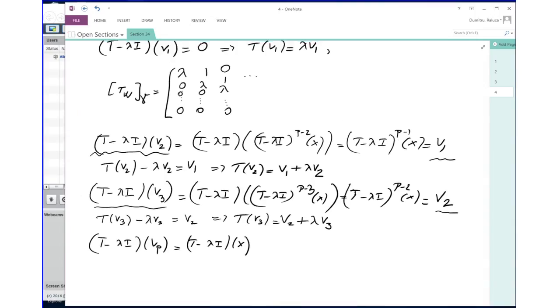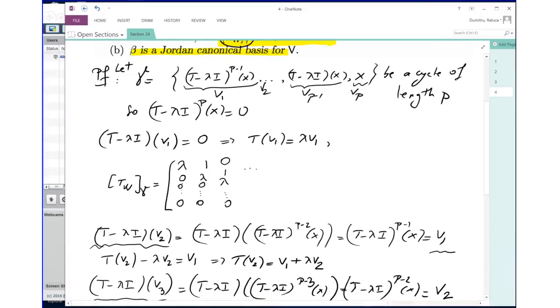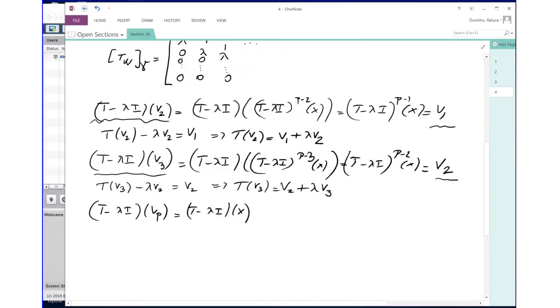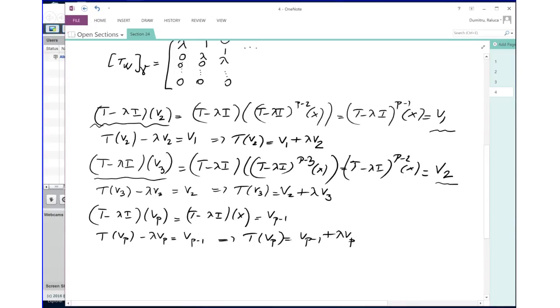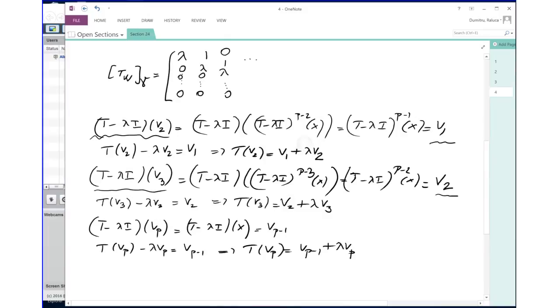The T minus lambda identity of x is the previous vector, V sub p minus 1, right? So T of Vp minus lambda Vp is Vp minus 1. So T of Vp is Vp minus 1 plus lambda Vp. So the very last column looks like this.